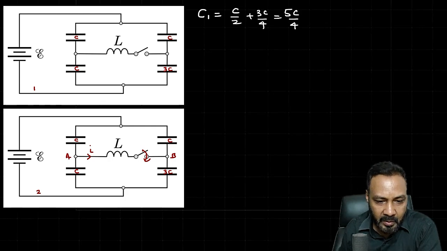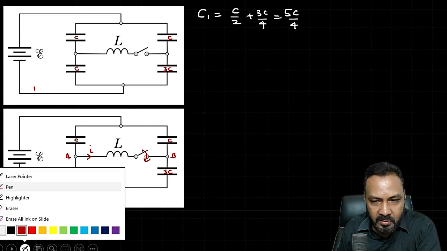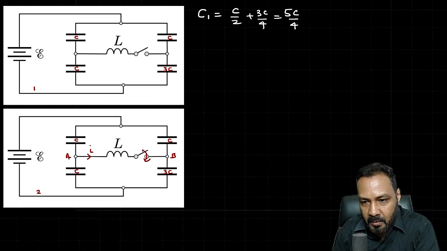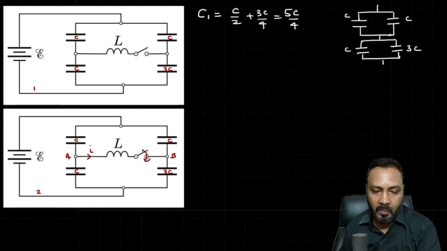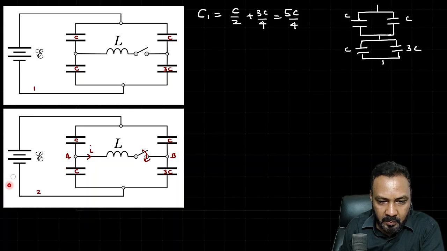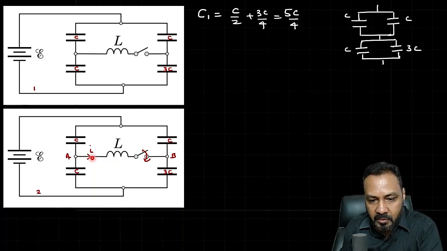VA is equal to VB, and VA equal to VB means this situation is like this. So we will treat this as a conducting wire.